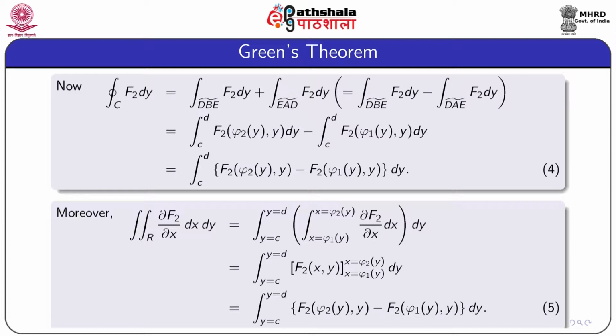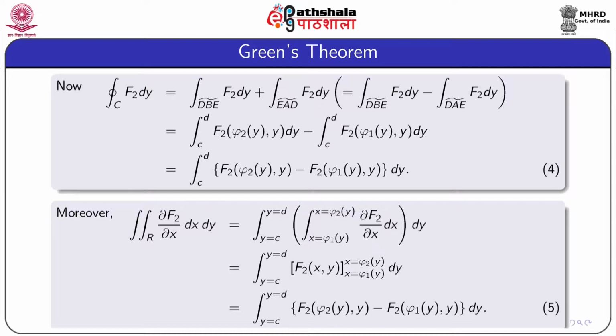Proceeding as above, we find that the line integral of f2 dy over C equals the line integral of f2 dy first over curve DBE then over curve EAD, and the integral over curve EAD equals the negative of the integral over DAE. So, this equals integral c to d [f2(phi 2(y), y) minus f2(phi 1(y), y)] dy. Moreover, the double integral over R of ∂f2/∂x dx dy equals integral y equals c to d, integral x equals phi 1(y) to phi 2(y) of ∂f2/∂x dx dy.